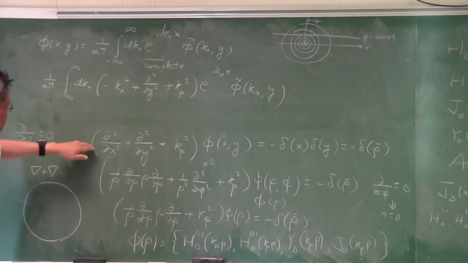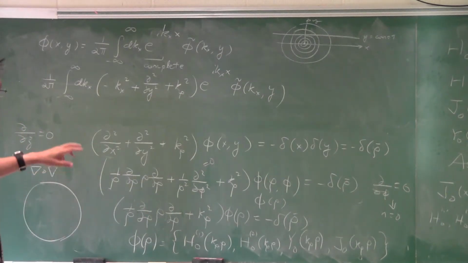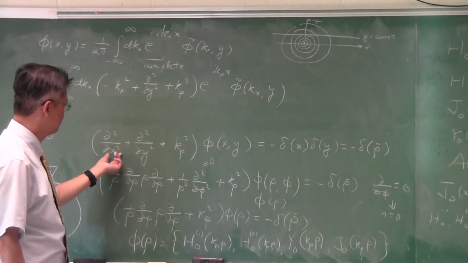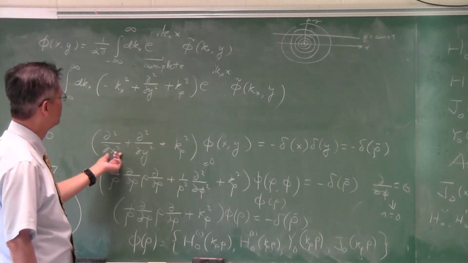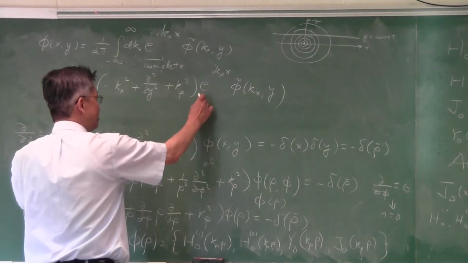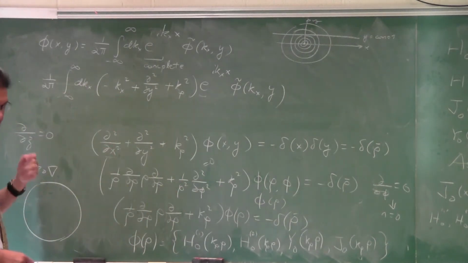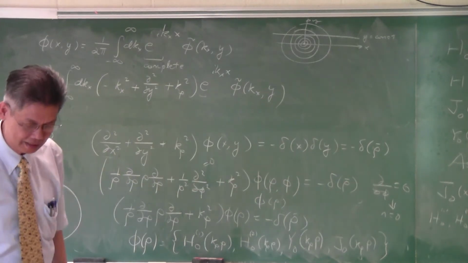So can you see how I could go from here to here? I just exchange the order of differentiation and integral. Take the differential operator and let it operate on the integrand, and when it operates on this, partial squared partial x squared just becomes minus kx squared. Okay, that's one thing I did.